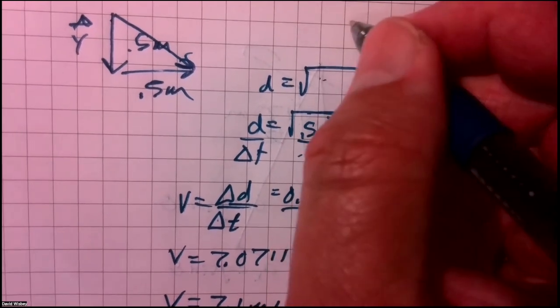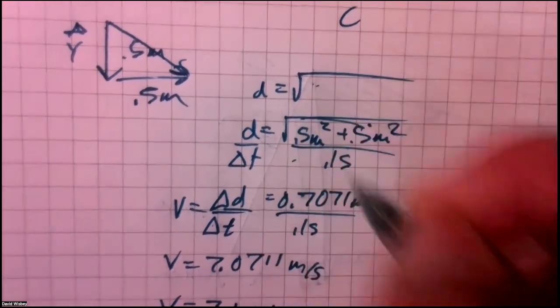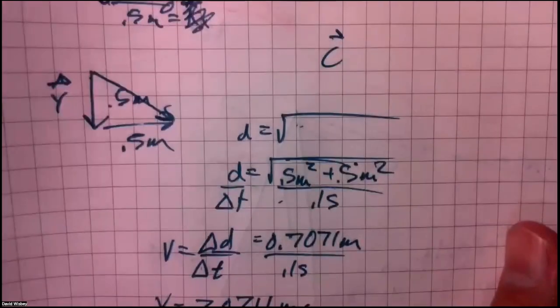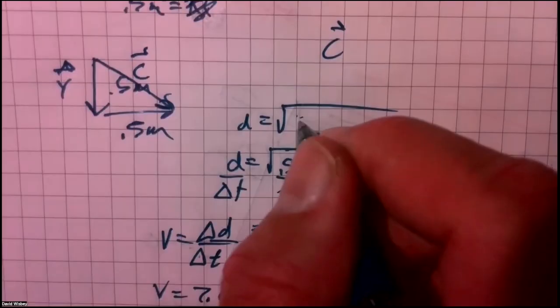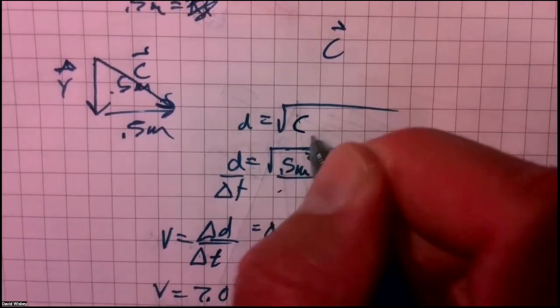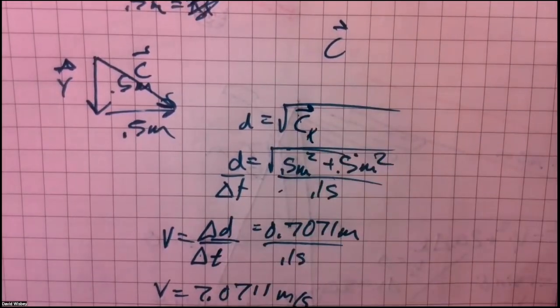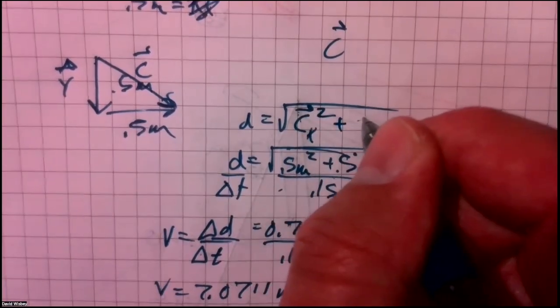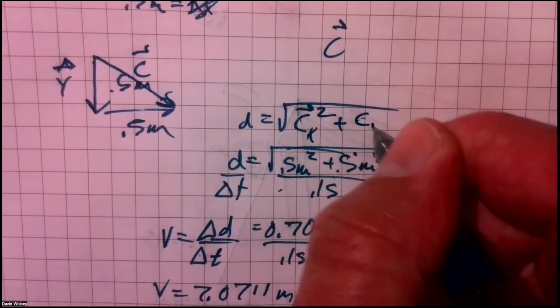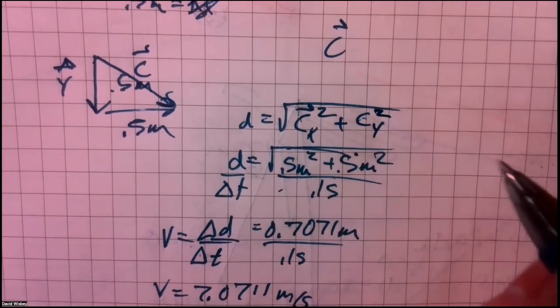Yeah, we'll call the vector C. Okay, that's his total displacement here. I'm just gonna call it C because I can't think of anything better. All right, so here's CX squared, and this is CY, and that's also squared.